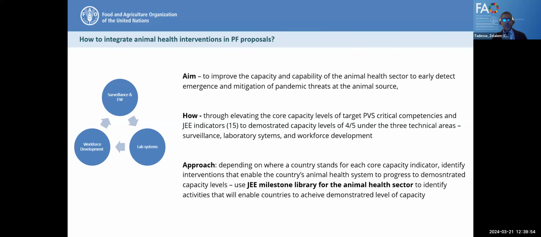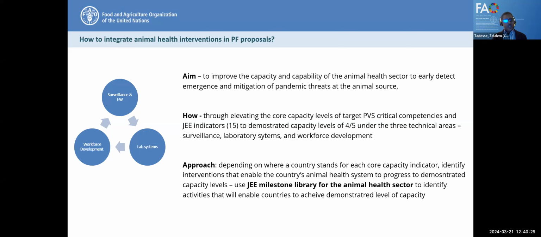Now, how can we improve the capacity and capability of the animal health sector? We think that it is through improving the core capacity levels of target critical competencies, as well as JEE indicators, to demonstrated capacity levels in line with the pandemic fund results framework under the three technical areas, namely surveillance, lab systems, and workforce development.